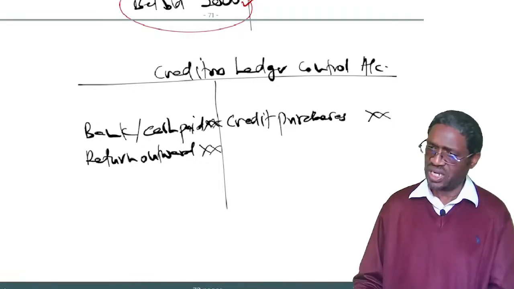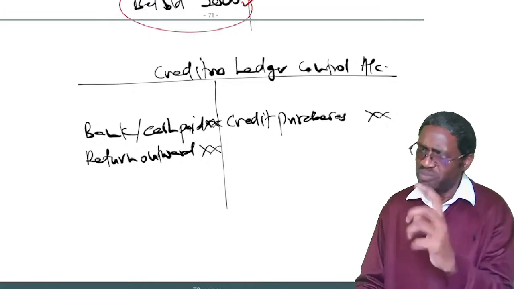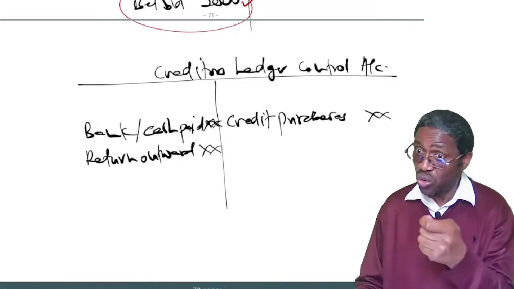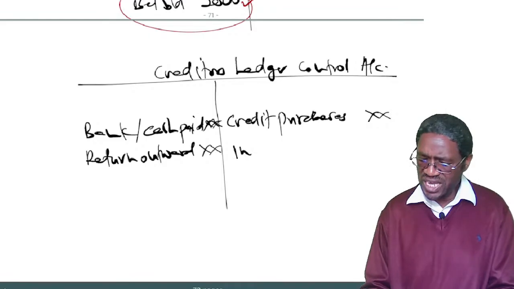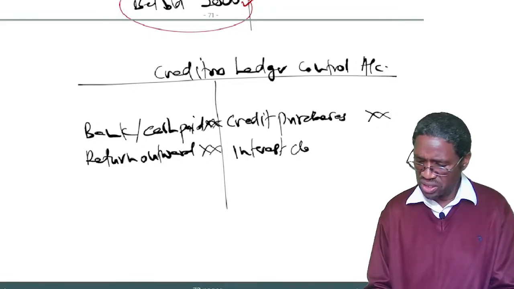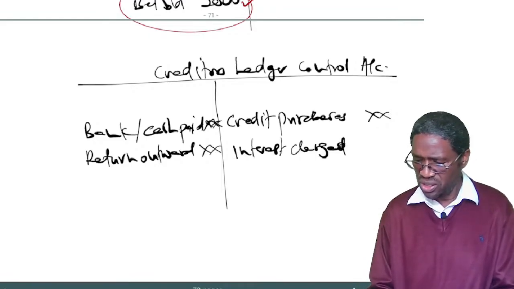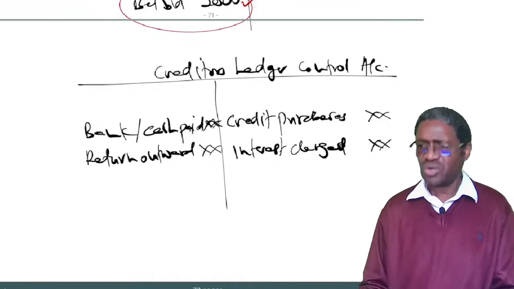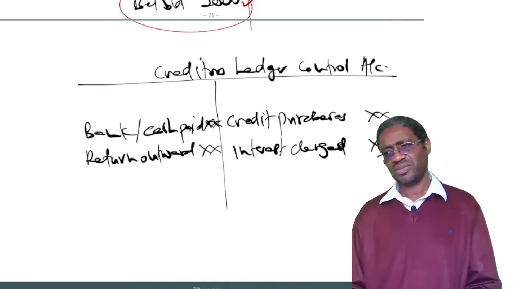Then automatically that will make you increase what you owe to them. So any interest charged by creditors, you will have to credit because they are charging you now. Good.